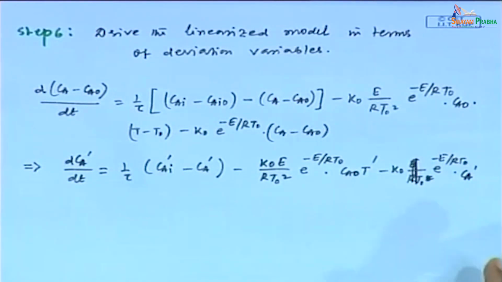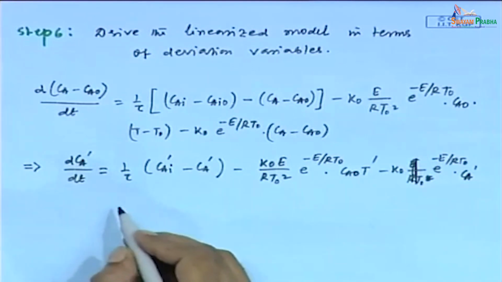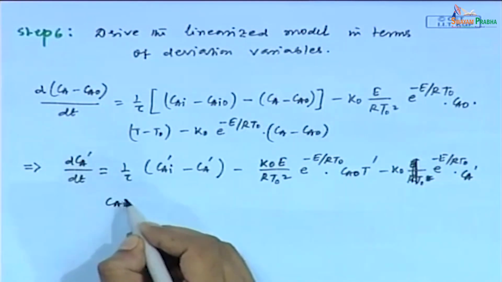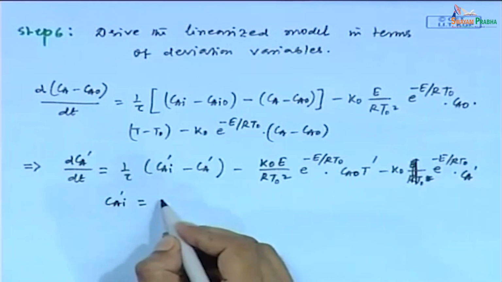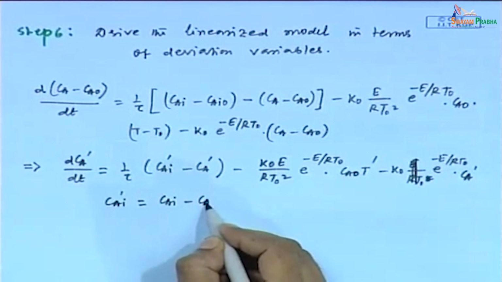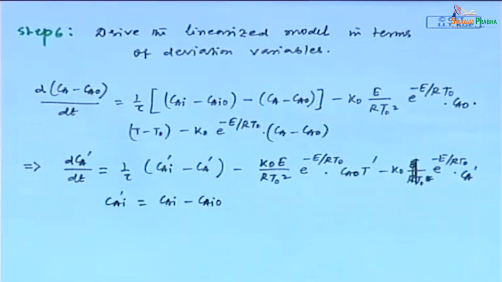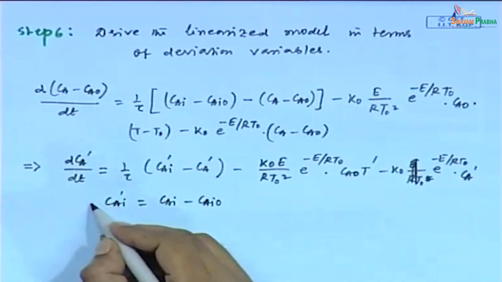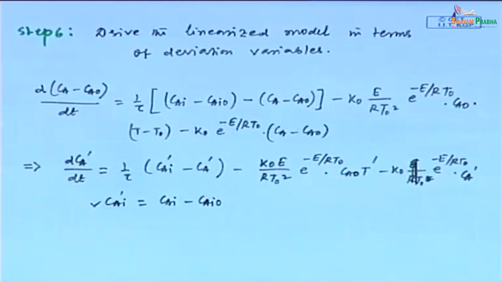Fine. So, here we are considering basically C_Ai prime, that is C_Ai minus C_Ai naught. This is one deviation variable we have considered in this equation.